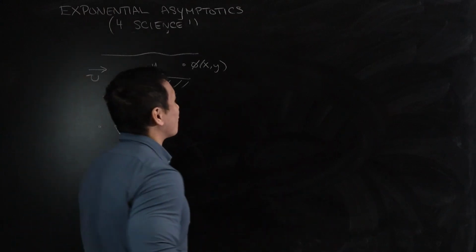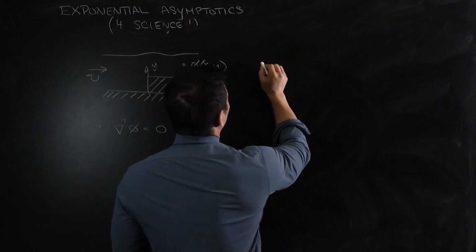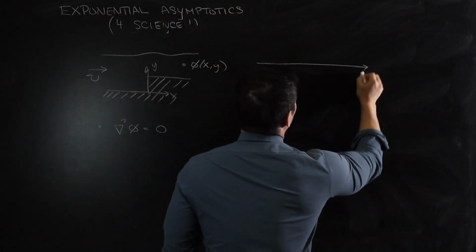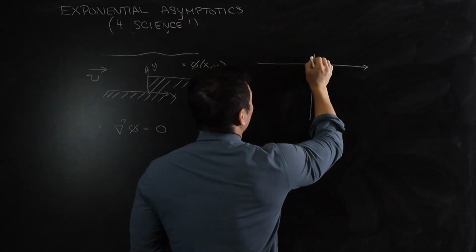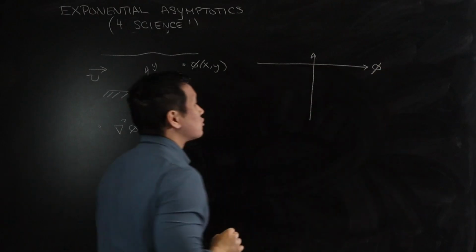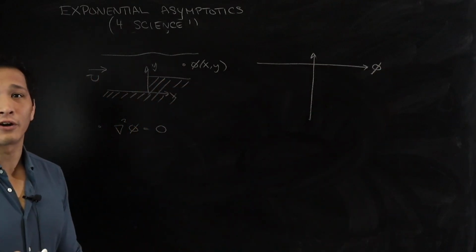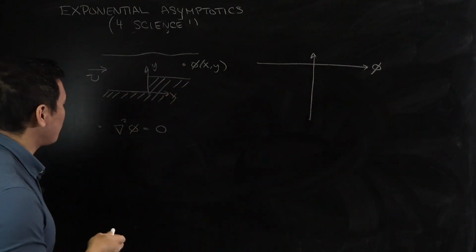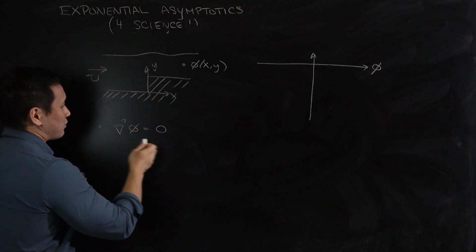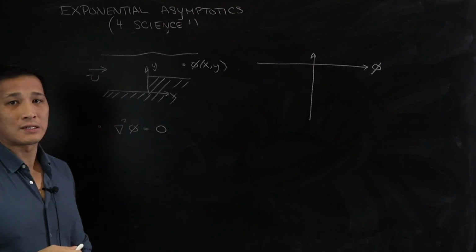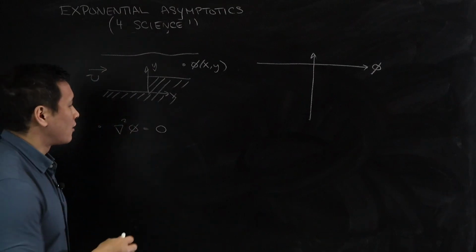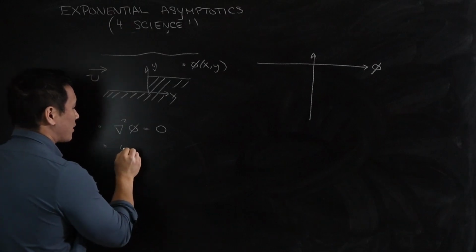Why would you do that? Well, I want to think of the potential plane as the independent variable rather than the dependent variable. And because I have Laplace's equation, del squared phi is equal to 0, then I know that I have a harmonic conjugate.